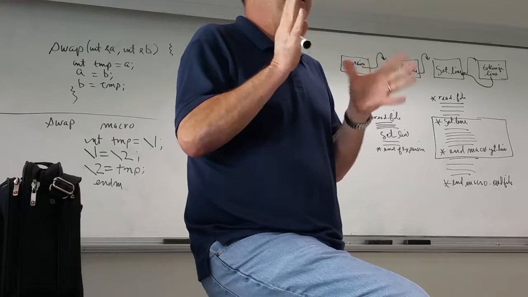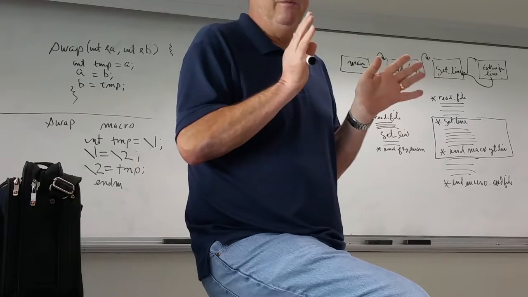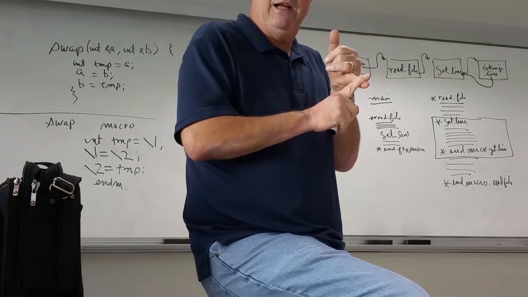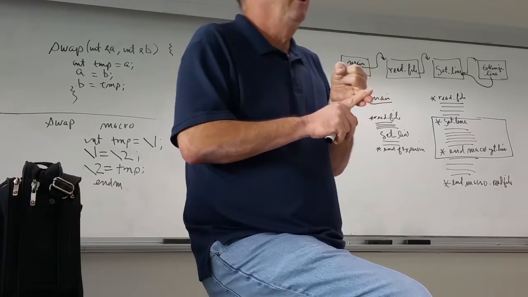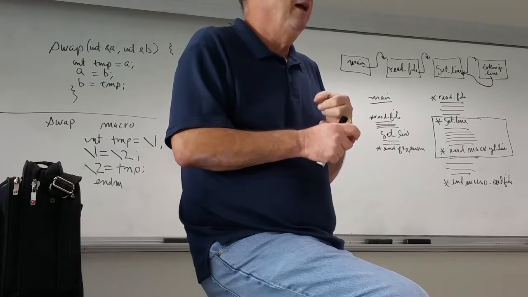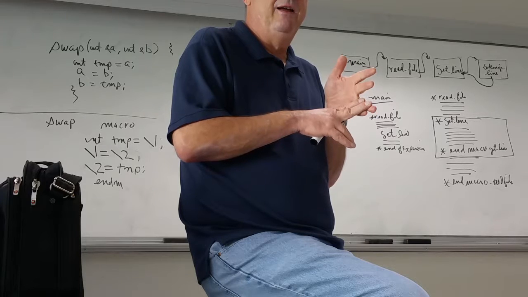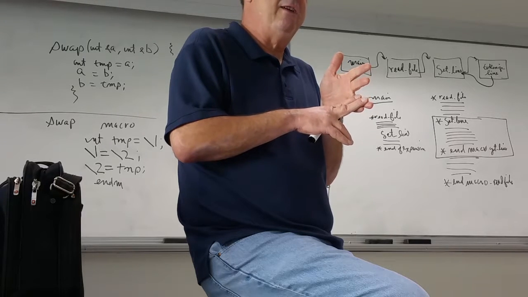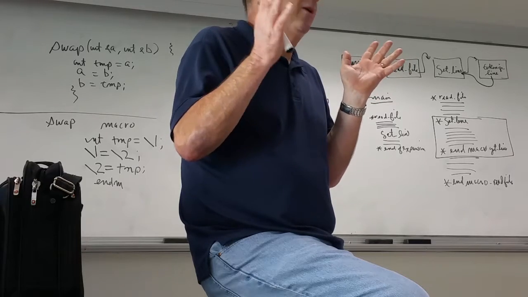Well, there are 2 big ideas here that it's important to understand the distinction between them. And that is assembly time or compile time versus runtime. All right, so recursion happens at runtime, but macro expansion happens at assembly time. Okay, well the recursion has to be a runtime thing.